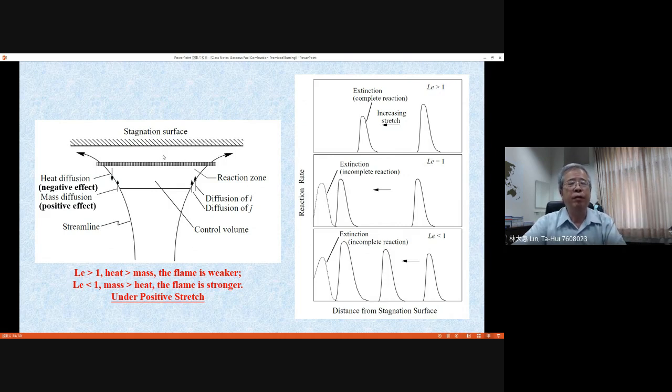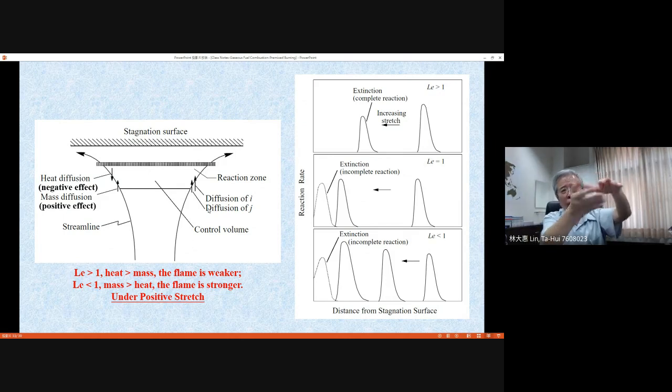But for the counterflow, try to imagine the opposed flow, then you have a double flame, right? Identical premixed flames. When you increase the injection velocity, these two flames get closer to the virtual stagnation plane, right? A virtual stagnation plane is different from the solid plate.